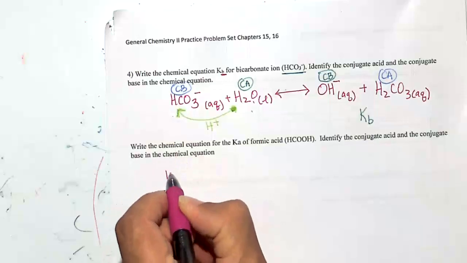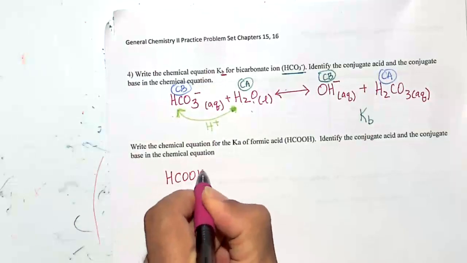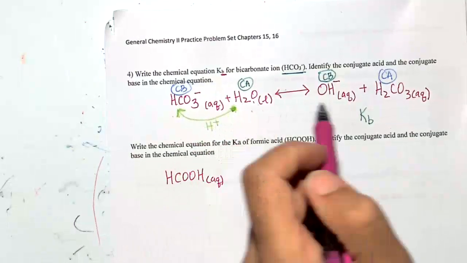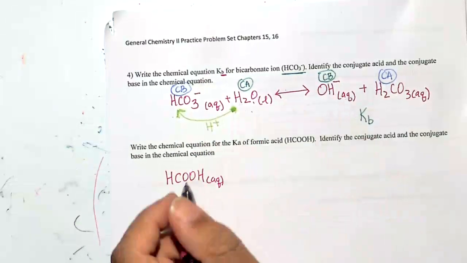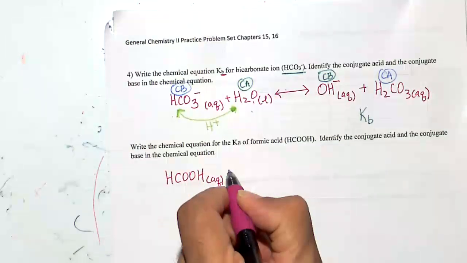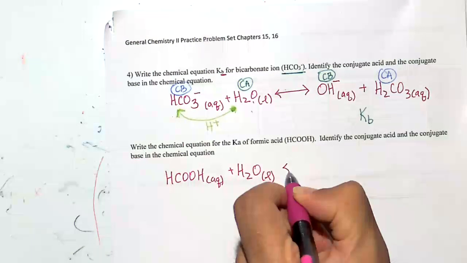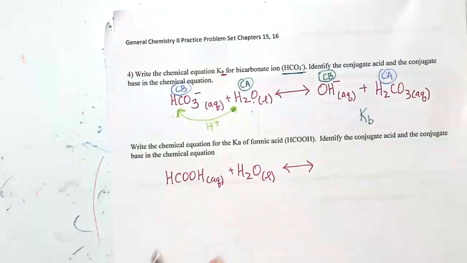So what will a weak acid do? If a weak base can react with water to give you OH minus, what will a weak acid do? It will react with water to give you H3O plus.